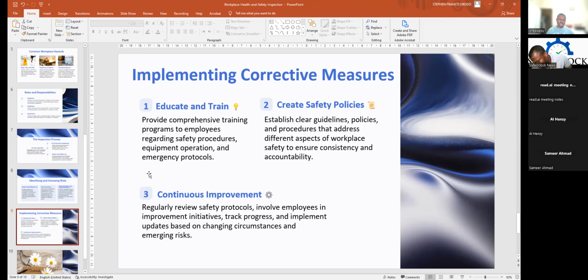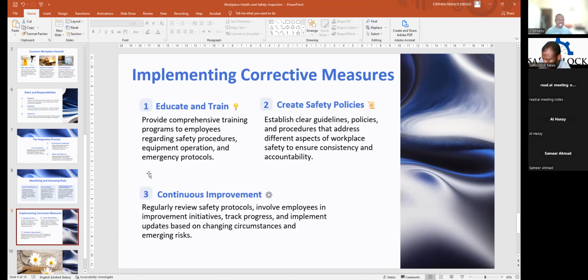We have to carry employees along. The workers need to be carried along in the improvement initiative, and we also look for a way to track the progress of the achievement so far, and implement any update based on changes, circumstances or emerging risks, because in the process, different new risks might emerge. Things might change due to different plans, due to technology, a lot of things can change.